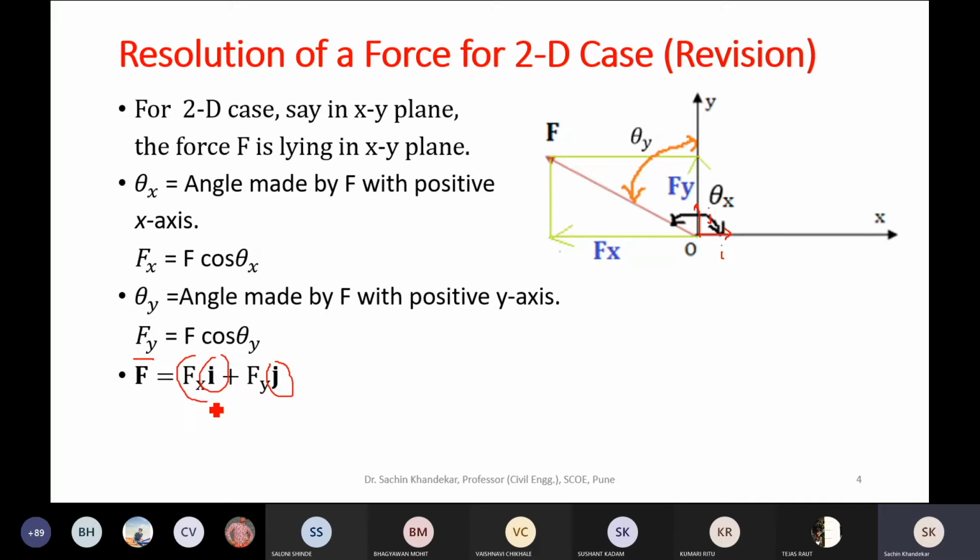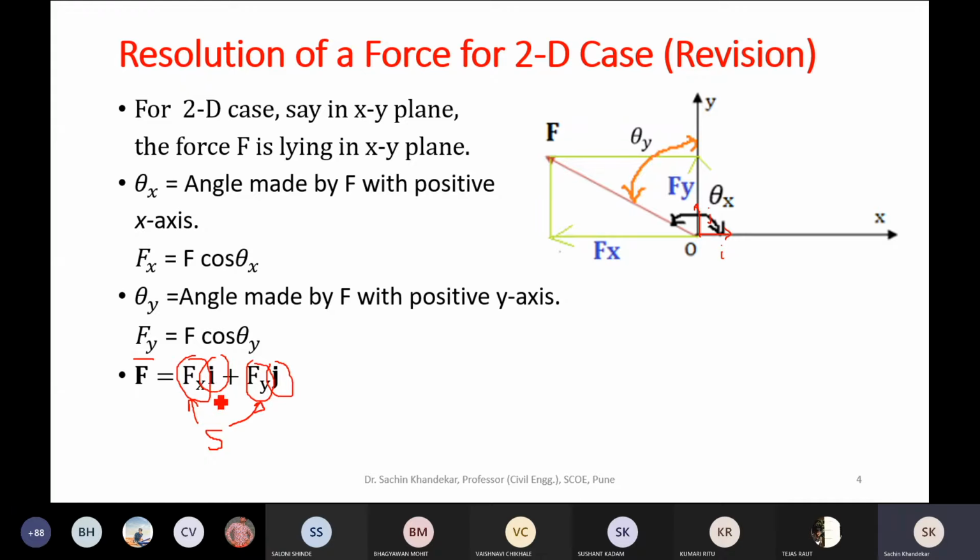While F is a vector, what about this Fx? Fx is the x component of this force vector F, and Fy is the y component. Of course, Fx and Fy both are scalar quantities, because these are only magnitudes.